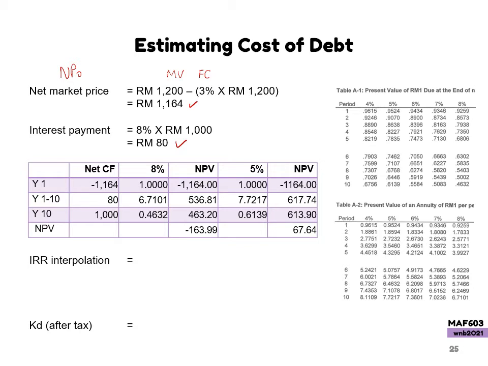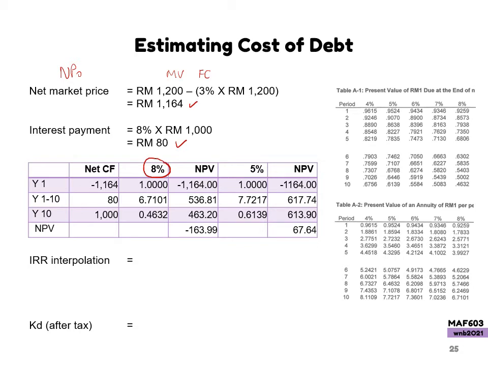Dan remember, untuk IRR, we need to choose 2 rates daripada kita punya NPV table tu. And I punya recommendation is always start with 8%. Okay. Boleh je kalau you nak start guna another rate, tapi I selalunya akan start dengan 8%. Okay. So the first rate here, I nak guna 8%.